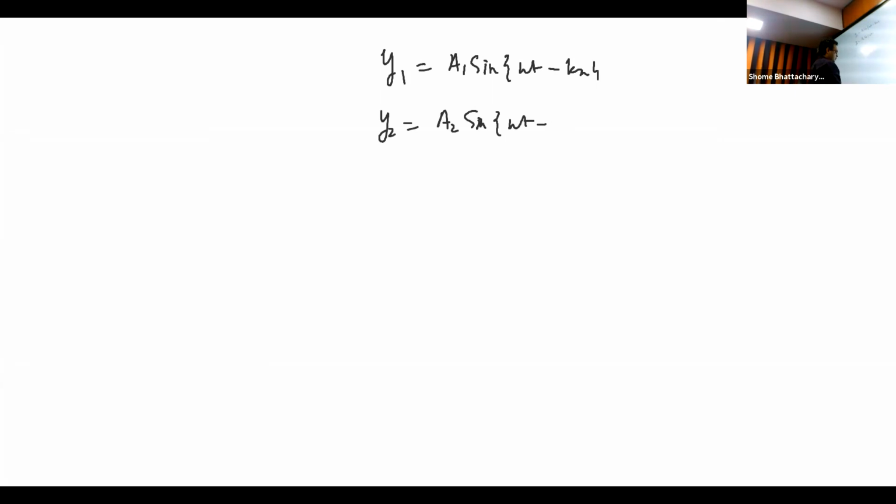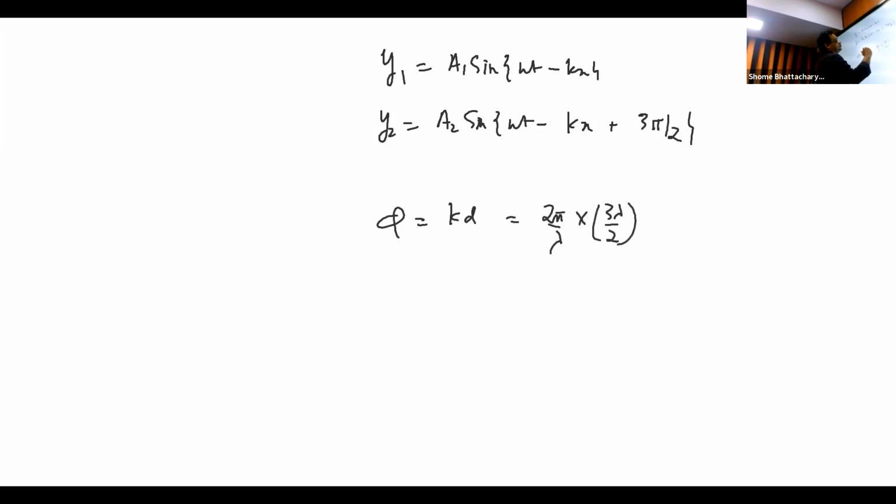Yeah, so anybody got this phase difference? You should be getting it as 3 pi by 2, because you remember the phase difference was k into d, so it was 2 pi by lambda times d. And in that particular question, we had taken d as 3 lambda by 4, three-fourths of a wavelength.